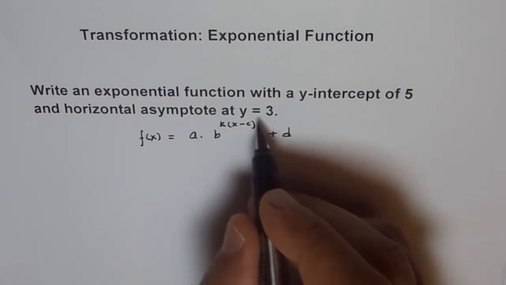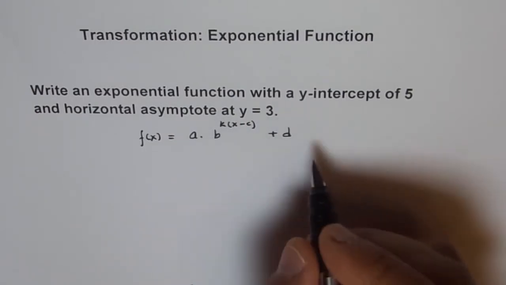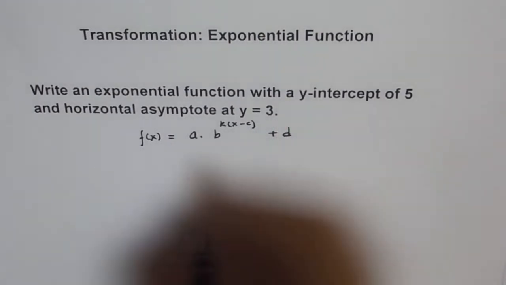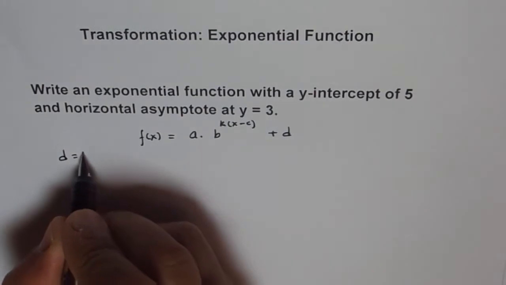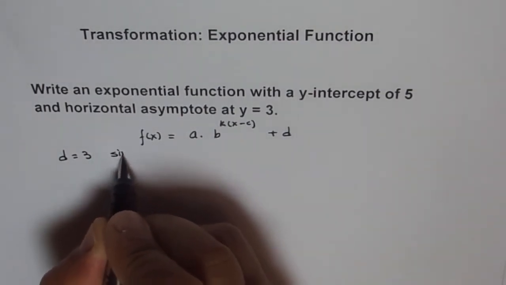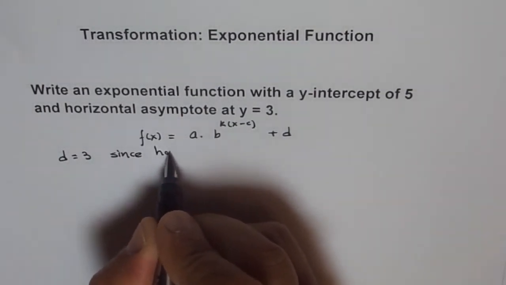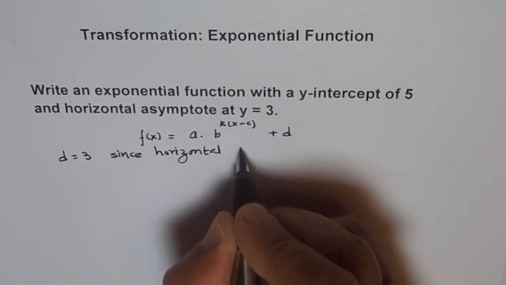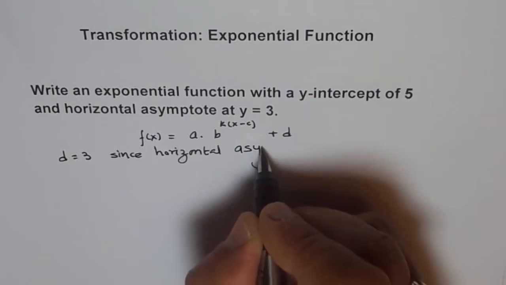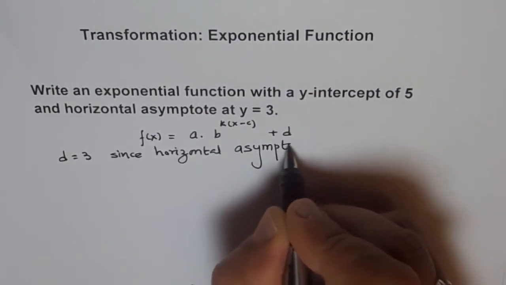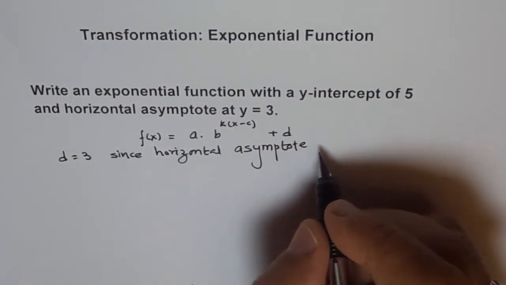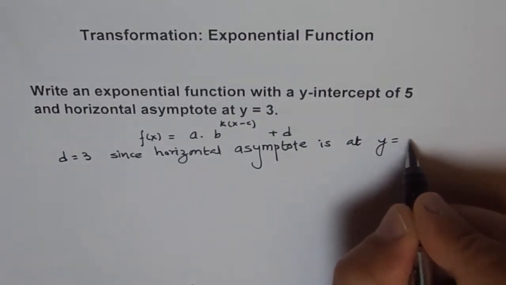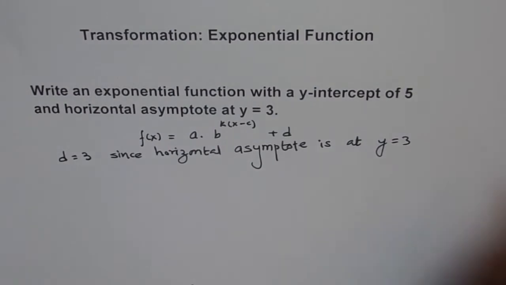Therefore, since the horizontal asymptote is y equals 3, we say d equals 3. So we have d already with us.